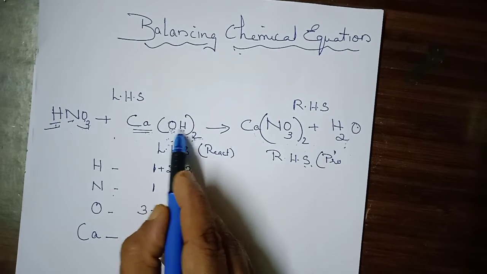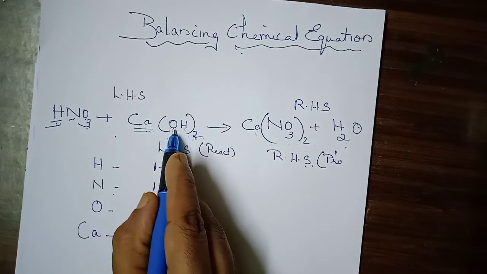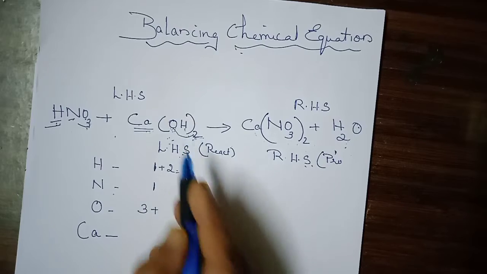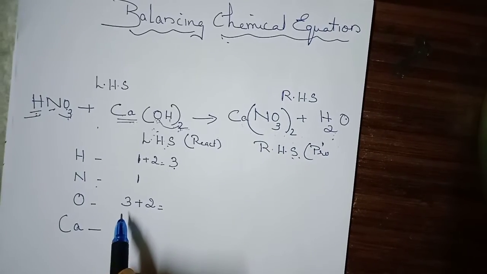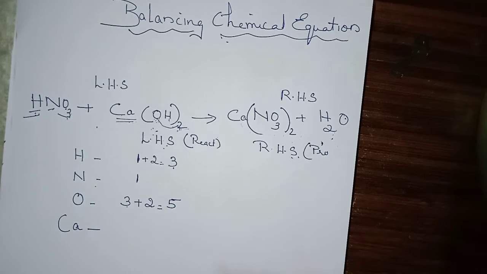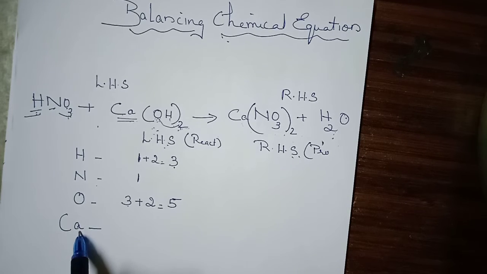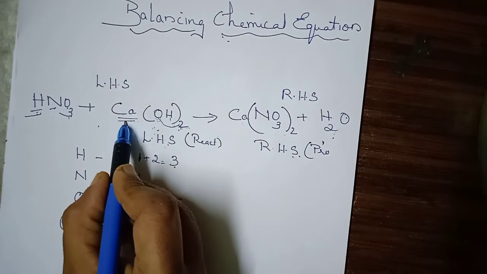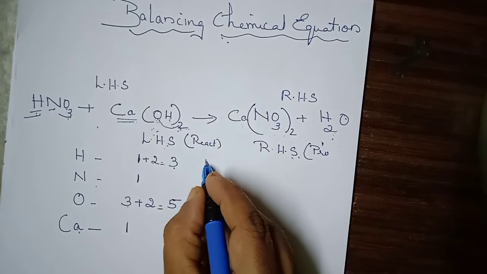This is applicable for both. So this 3 plus this 2 equals 5. Now next let us take the case of calcium. Here we have only 1 calcium, so that is 1.